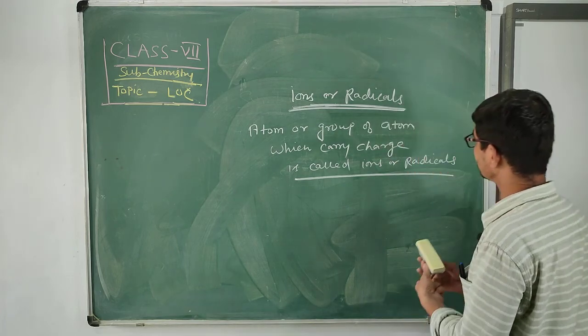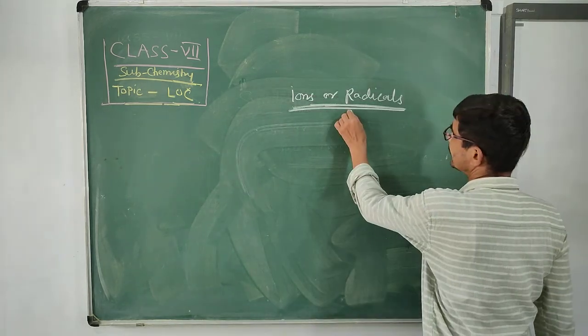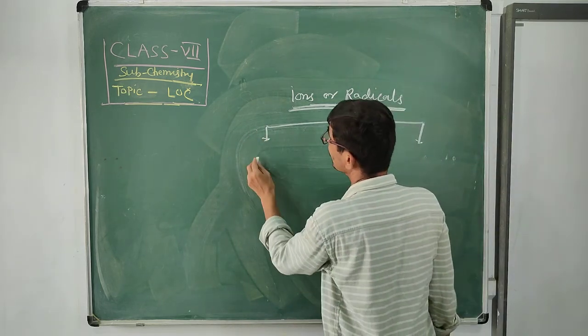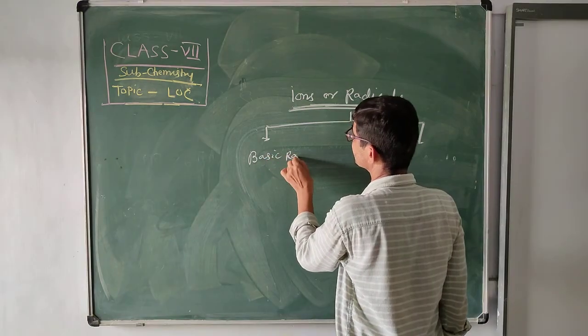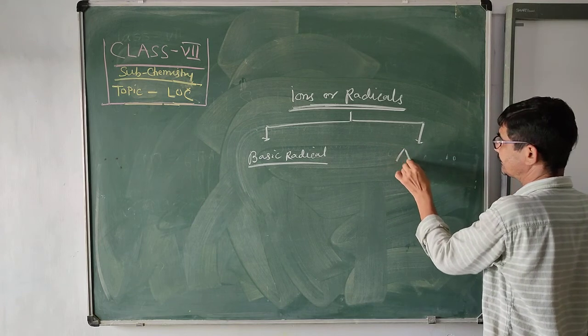Now, as far as the types of radicals are concerned, there are two types. One is called basic radical, another is called acid radical.